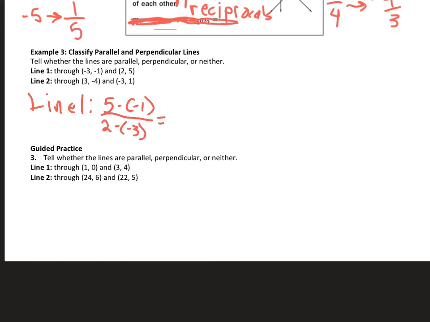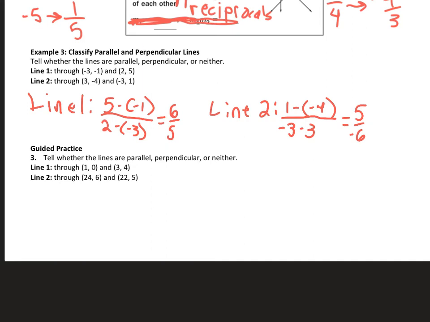And that becomes 6 over 5 for my slope. Line 2, for the slope, 1 minus negative 4 over negative 3 minus 3. So that becomes 5 over negative 6.